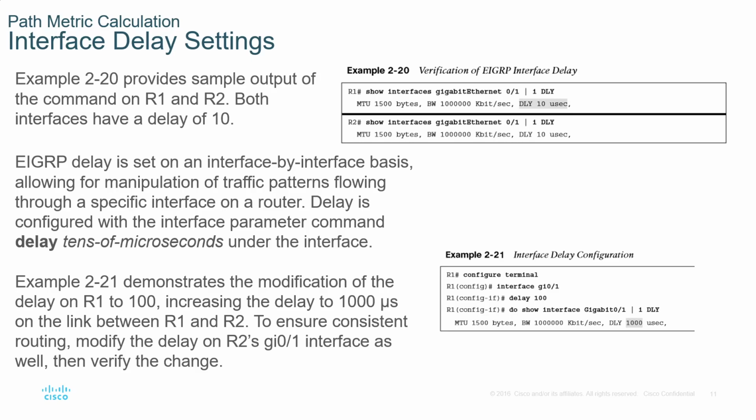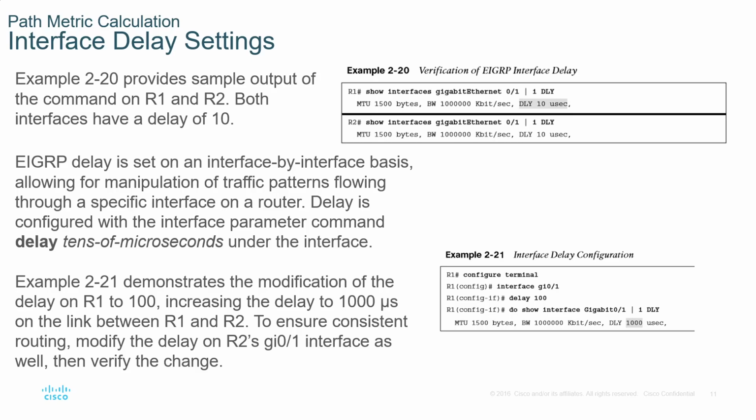Now, as I mentioned earlier, your metrics are all based on your interface settings. So your bandwidth, your delay, your load, reliability are all on a per interface basis. So if we're using our standard two values, bandwidth and delay, these are the things we can change to affect our calculations easily throughout the path.